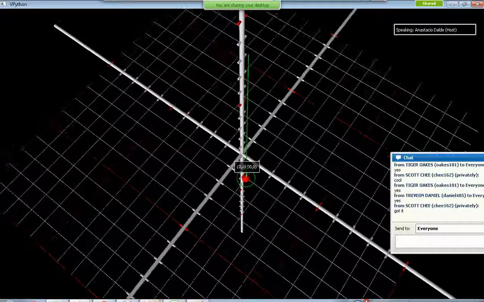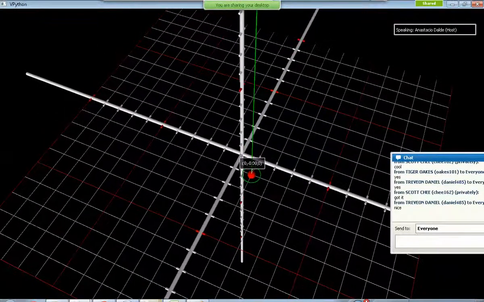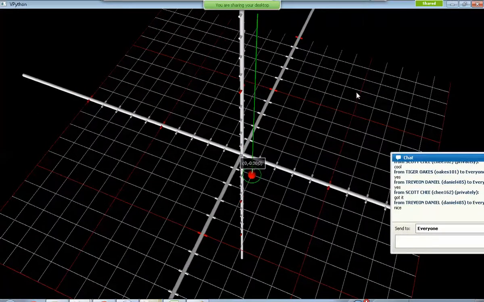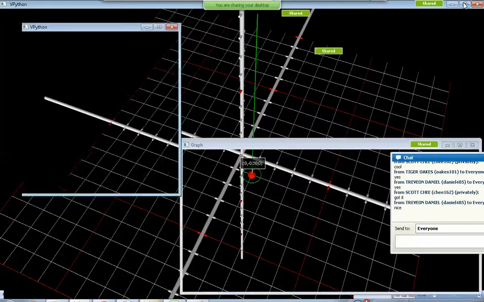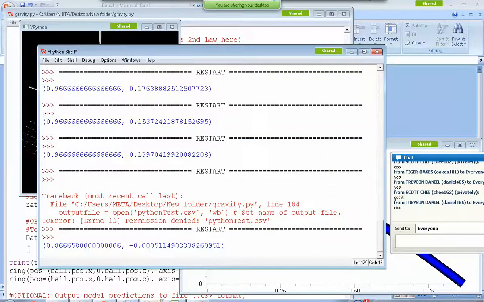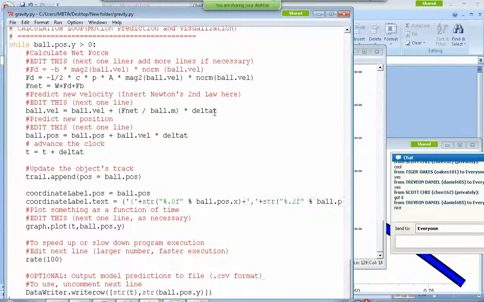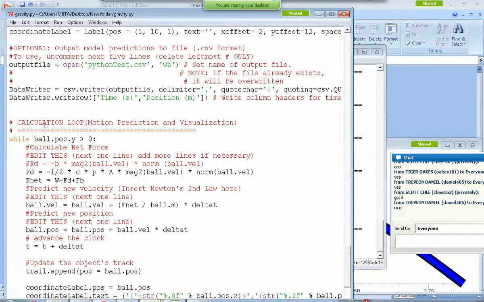This was one that I did earlier, and I had my daughter drop 5 coffee filters, and this is the graph that I had it spit out. In fact, if you look over here, you can see signs of what I was doing. This is the drag force that I was teaching you about.